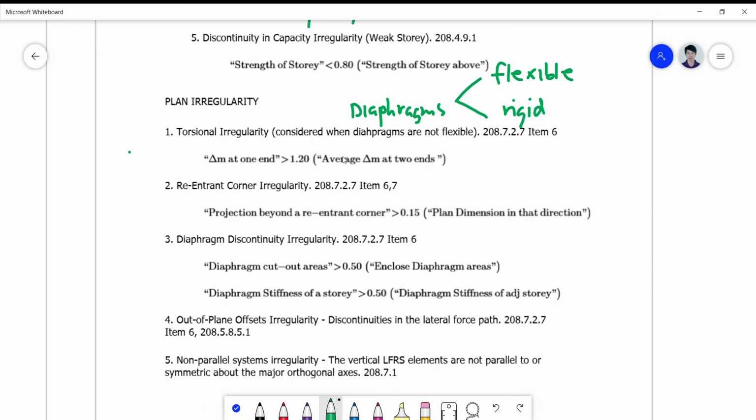The consideration for flexibility and rigidity is measured in terms of torsion. So that's why this is called a torsional irregularity, and it is actually checked simply by computing the deflection or the story drift at one end and the story drift at two ends.